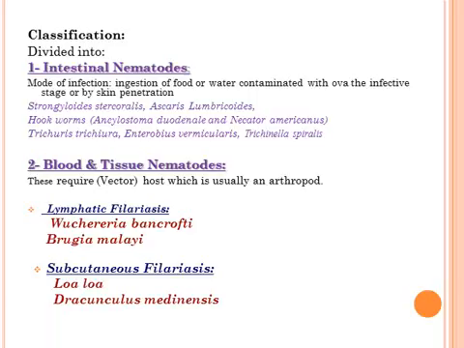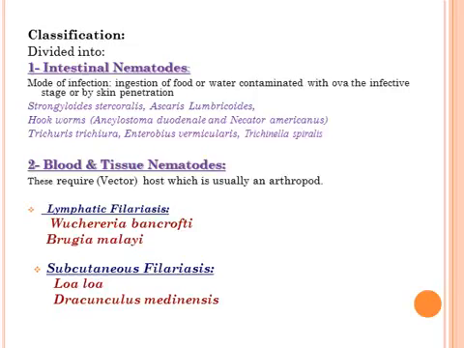About the classification of the nematode, it is divided into two groups. First one, intestinal nematode. In this type, the human is infected with the parasite by ingestion of food or water contaminated with ova, which are the infective stage, orally, or by skin penetration.